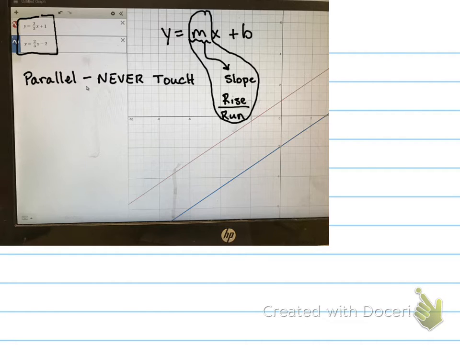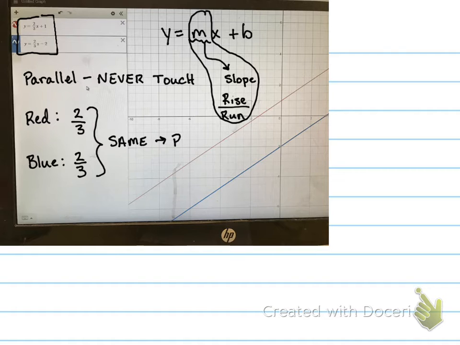In the red, our slope is 2 over 3. And in the blue, our slope is also 2 over 3. Because both of these are the exact same, I can say that my lines are parallel. And this picture really does a good job of proving that for us.